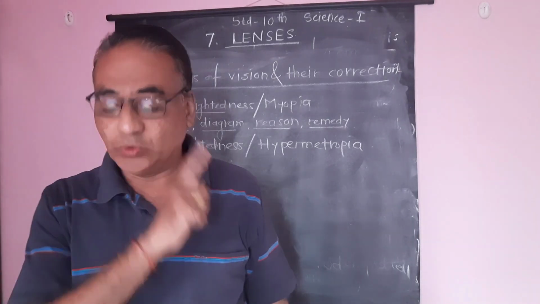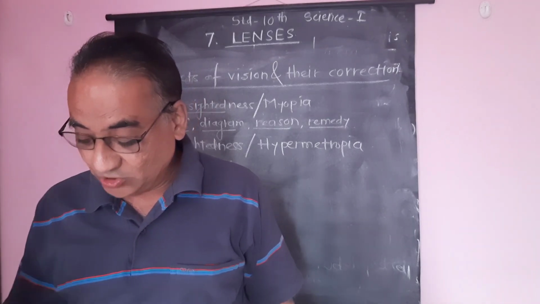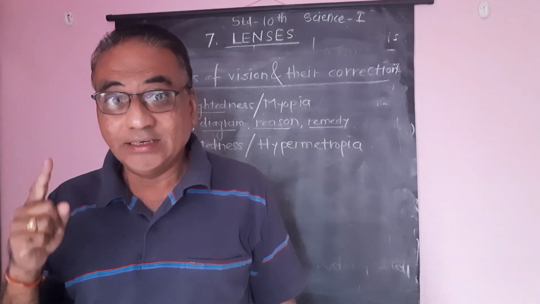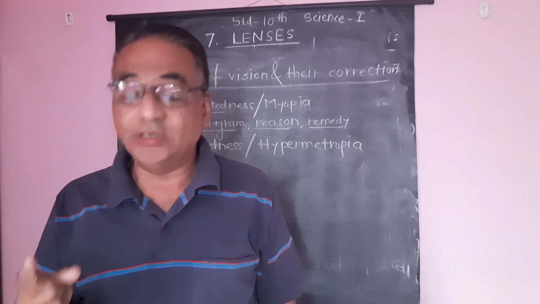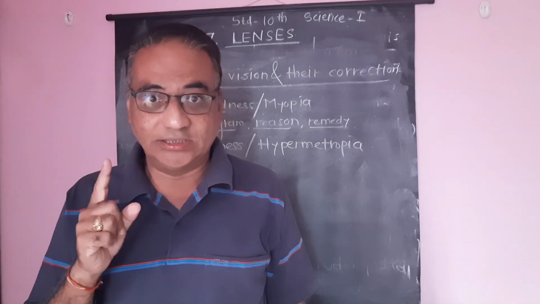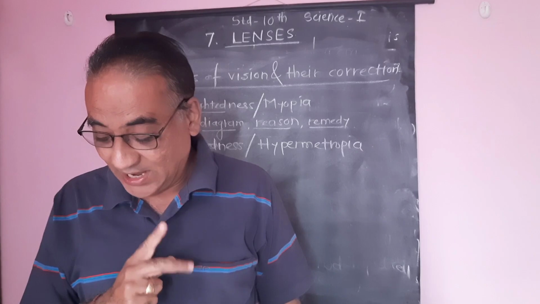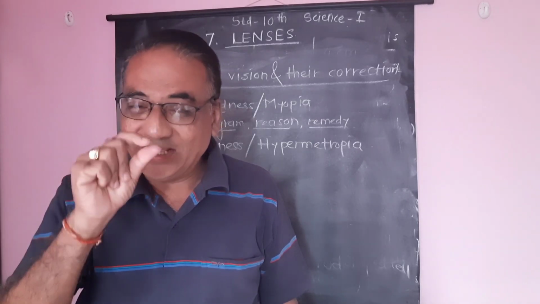There are again two reasons. First, the curvature of the cornea and eye lens decreases, so that the converging power of the lens becomes less. And second, the flattening of the eyeball.